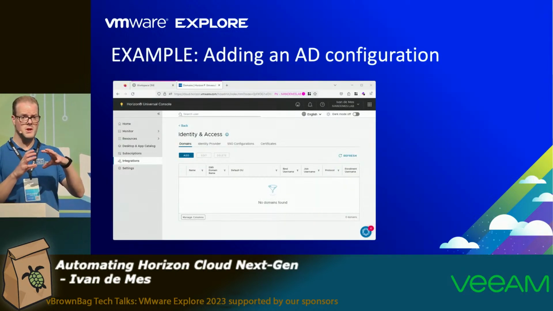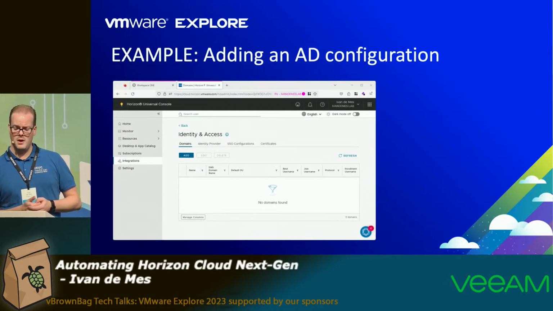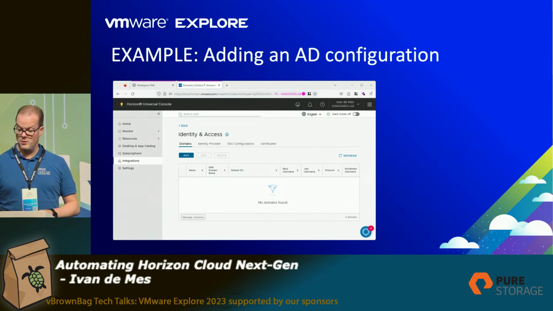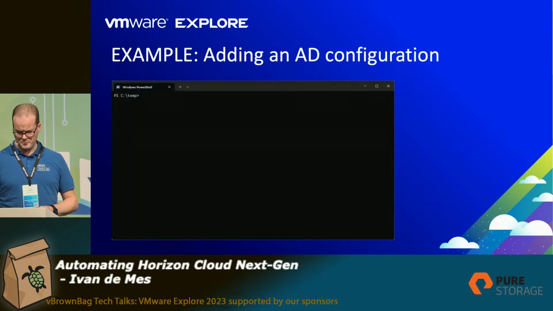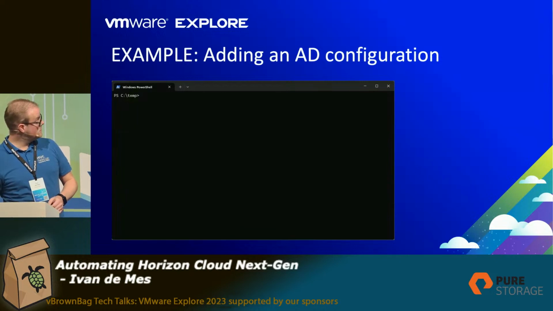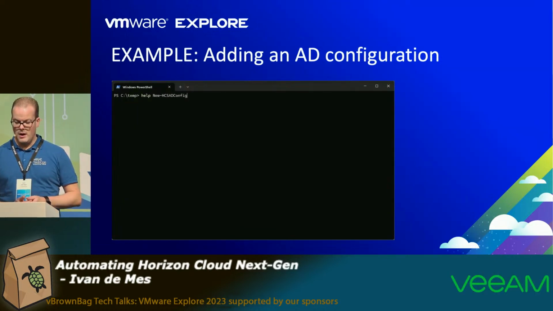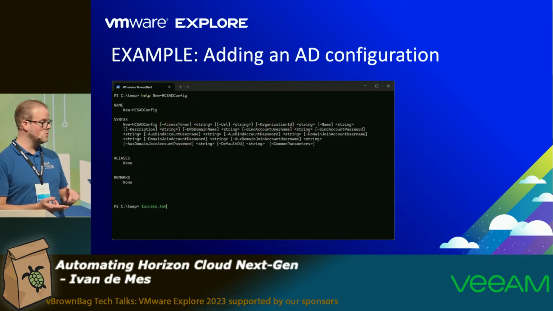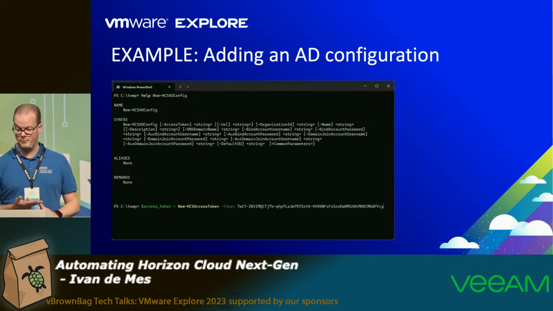Again, I'm using the creating Active Directory configuration example. Again, we don't have an Active Directory configuration in place yet. When you look at the command that we need for configuring Active Directories, we need our access token and organization ID again.